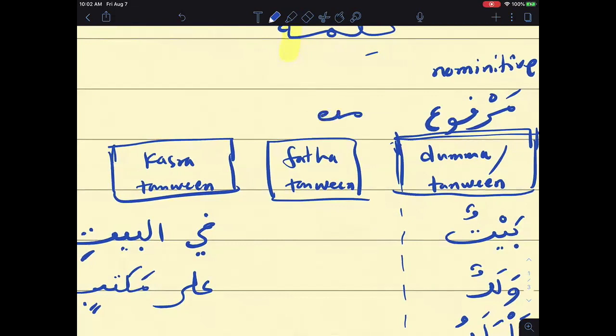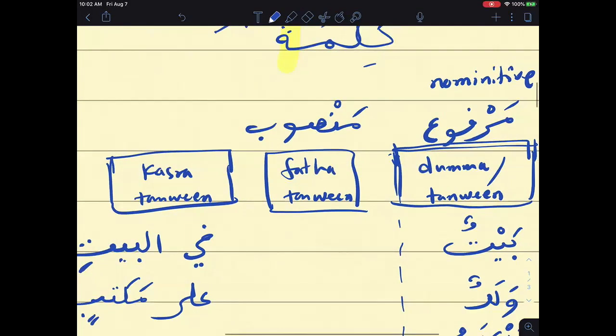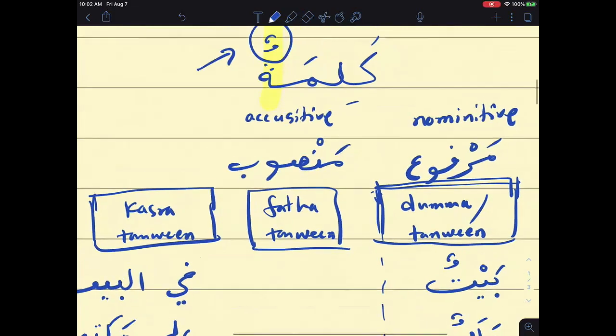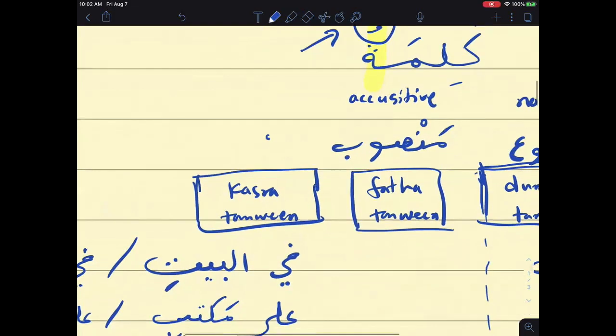Then you have mansub, which is the accusative case. And the one we're doing right now is majrur, which is the genitive case.